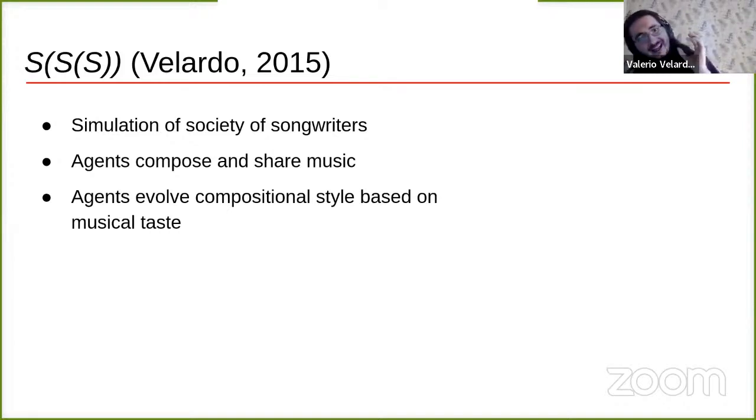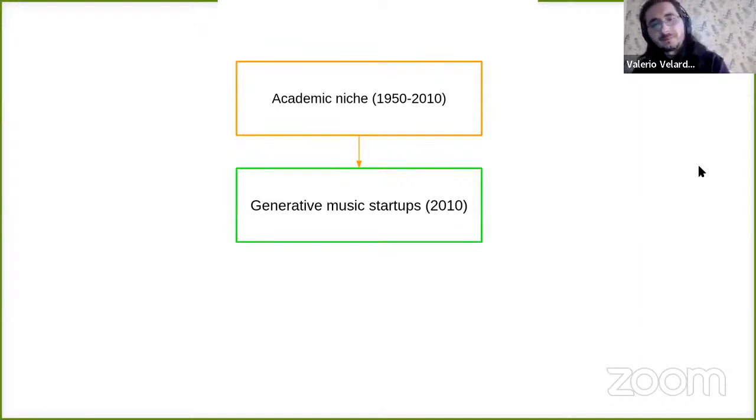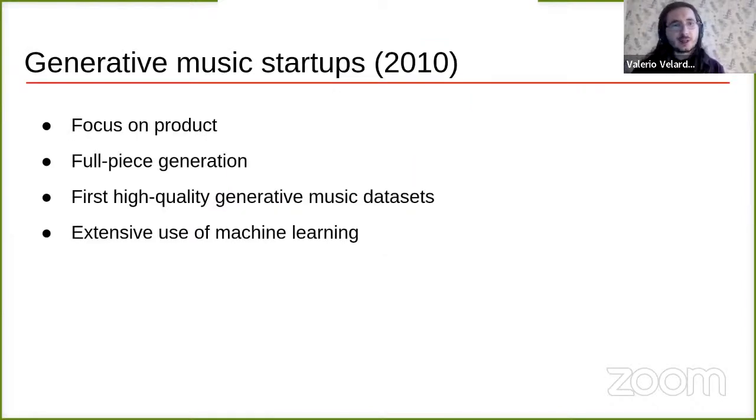As you can see, throughout this academic niche period there's a lot of experimentation, but none of this is really about building a product that can be put on the market. This happens for the first time in a serious manner around 2010, when we start having the first generative music startups.